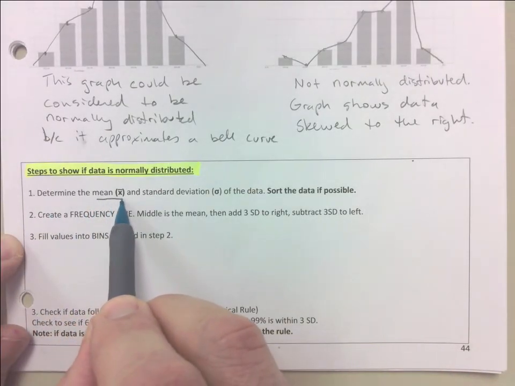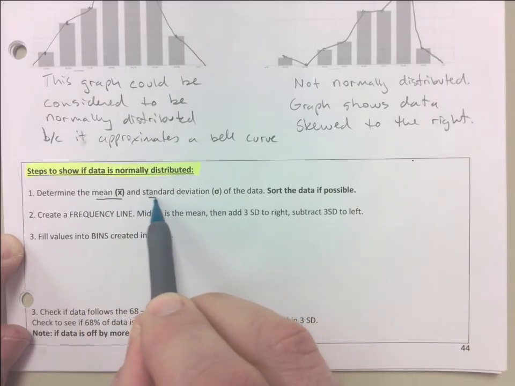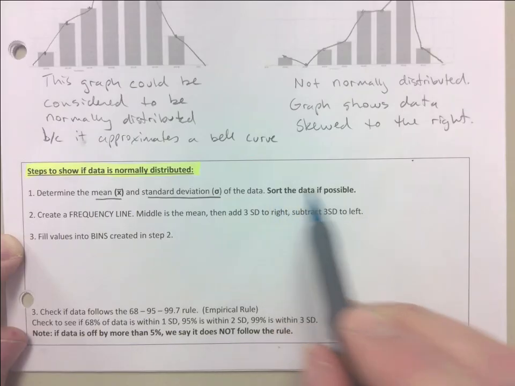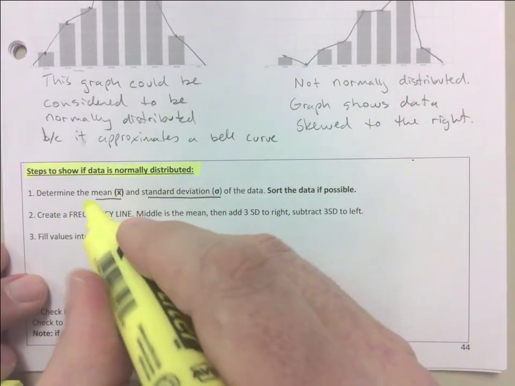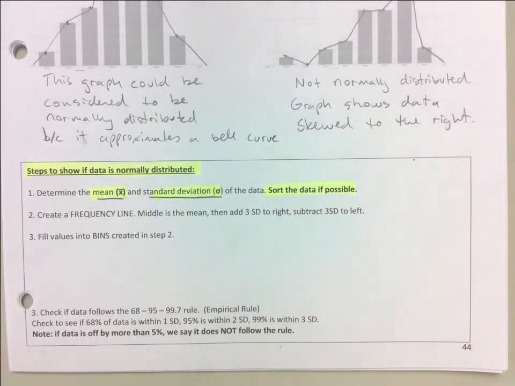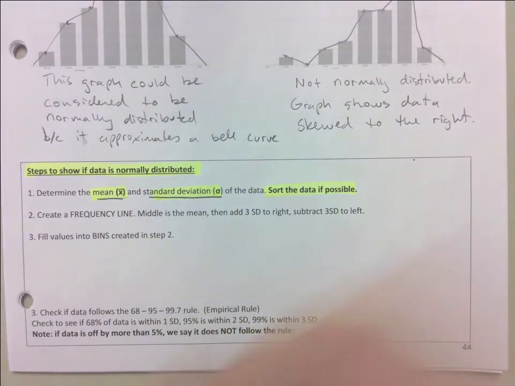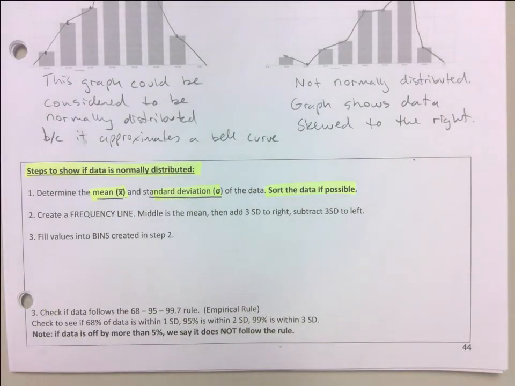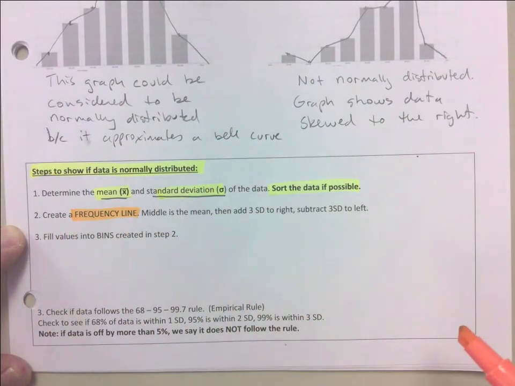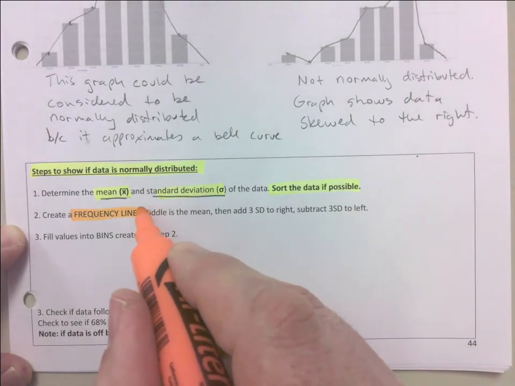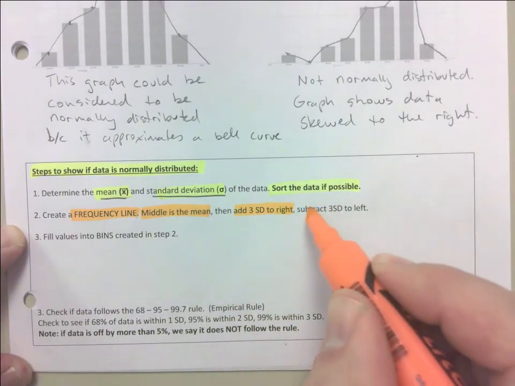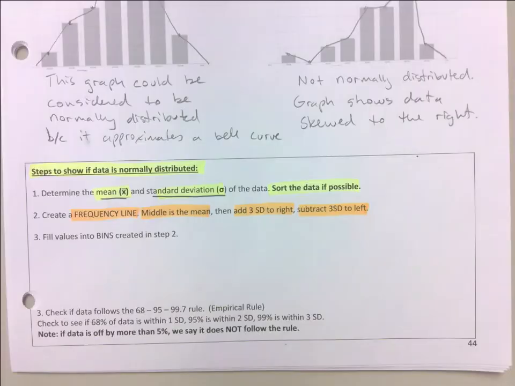Step number one: determine the mean and the standard deviation. Sort data if possible. Then create a frequency line, which may be new, where the middle is the mean, and then add 3 standard deviations to the right and 3 standard deviations to the left.